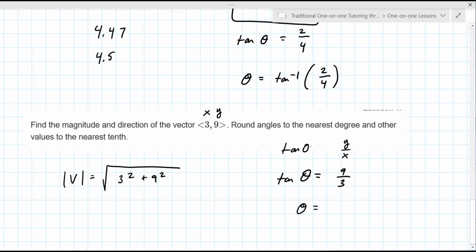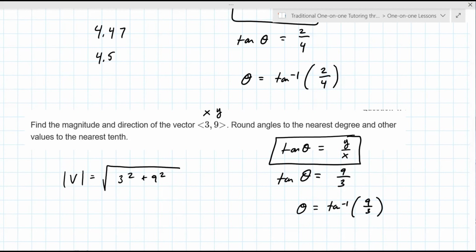And if you're not writing down the formulas, it's a good idea to do that because then you can remember them better by using more of your senses. 71.6. So, excellent.